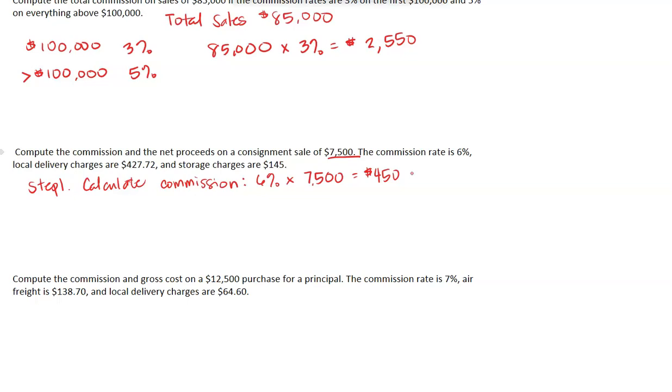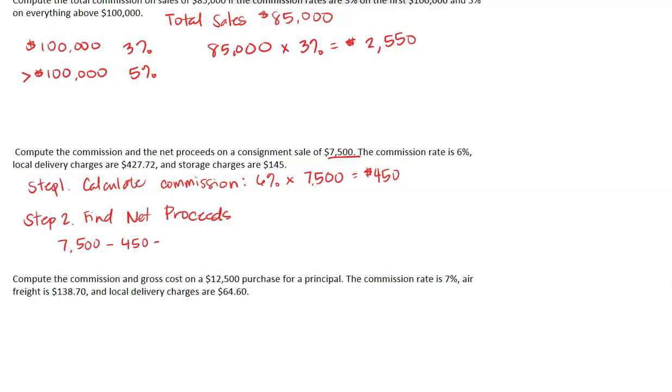And to calculate the net proceeds, make sure you read your e-text so you know what all of these terms mean. So step 2 is find your net proceeds. Okay, and your net proceeds is going to be the sale amount of $7,500 minus the commission amount and minus any charges.